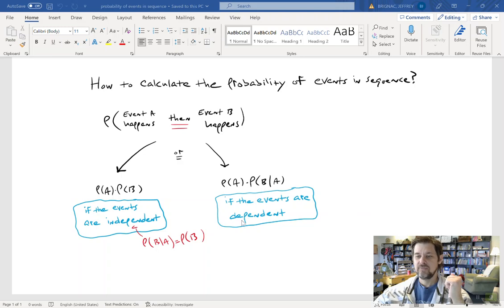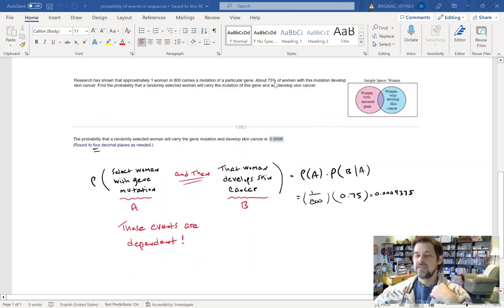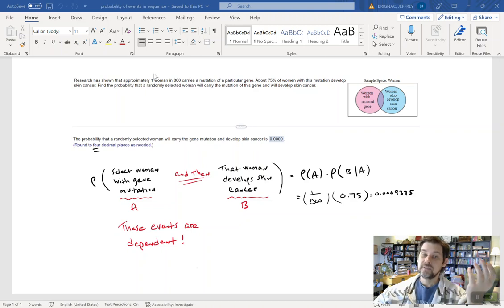So we're dealing with, it turns out, dependent events in this question, okay? Because it says that 75% of the women with the mutation develop skin cancer. So if you knew that the woman had the gene mutation, that would influence the outcome of getting skin cancer, according to that.